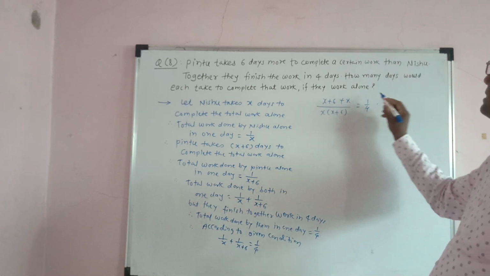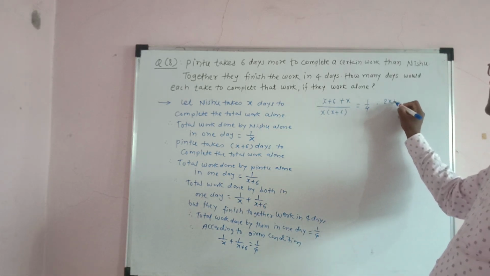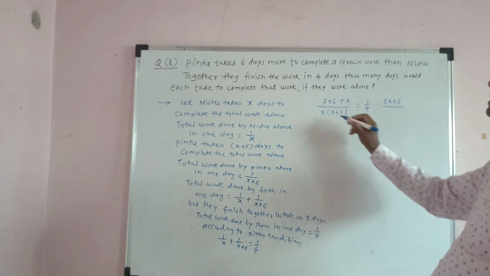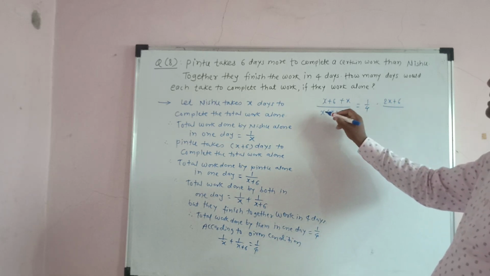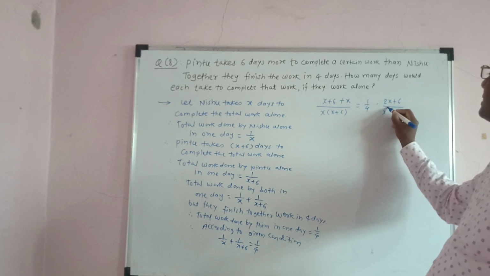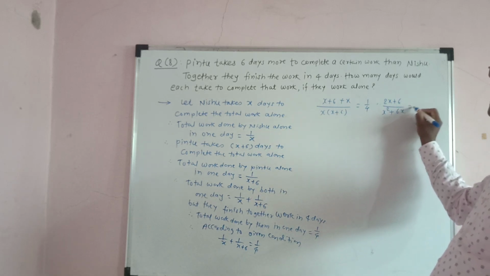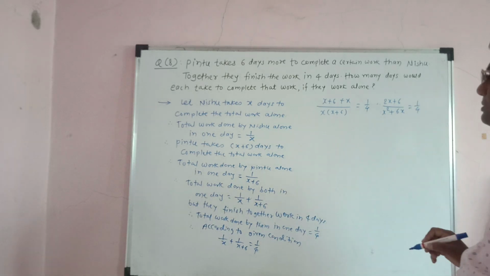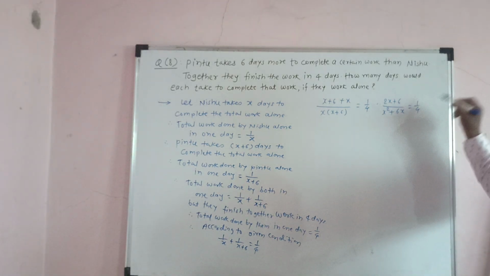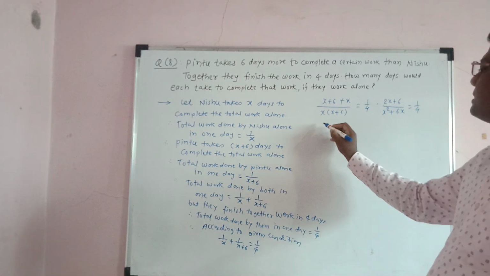Therefore, x plus x, 2x plus 6, upon multiplying inside the bracket, x into x, x square, x into 6, 6x, is equal to 1 upon 4. Now take cross multiplication.